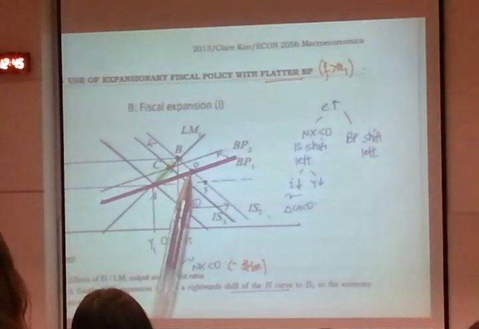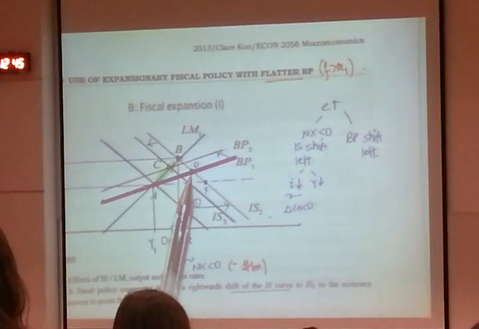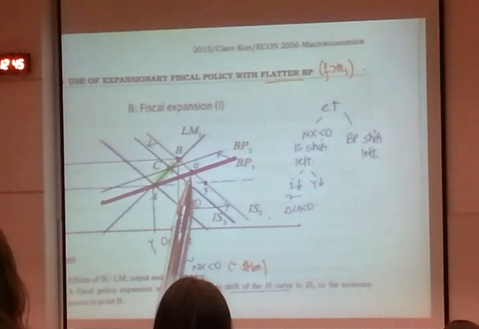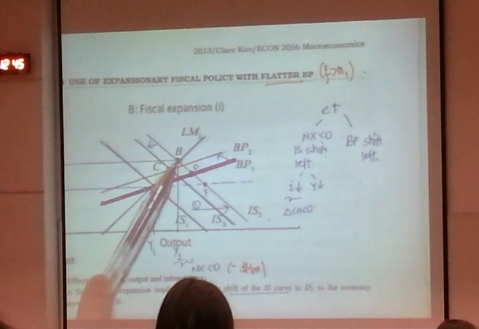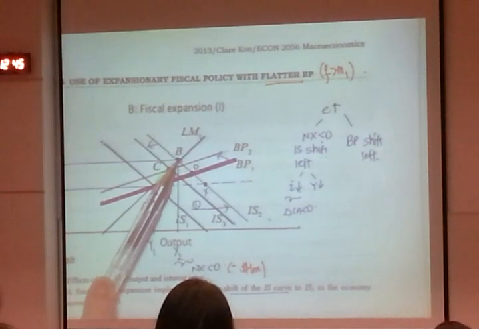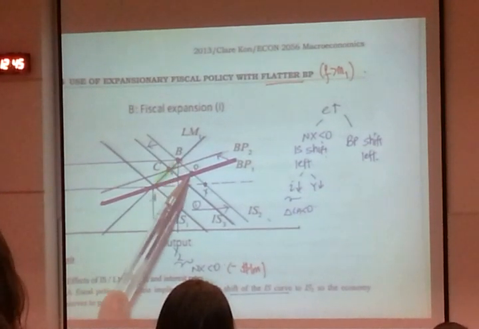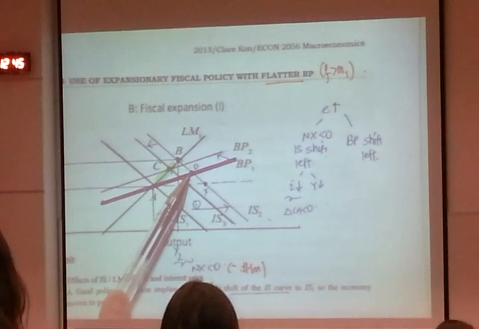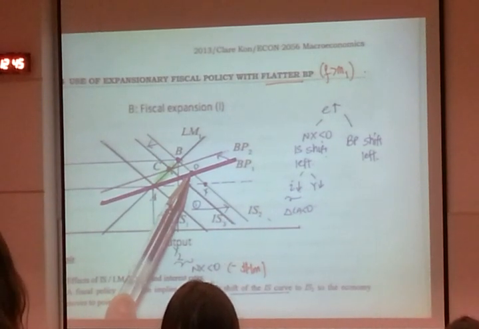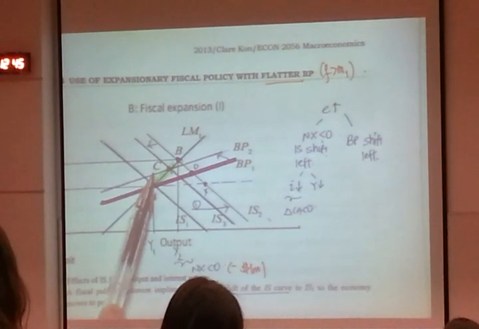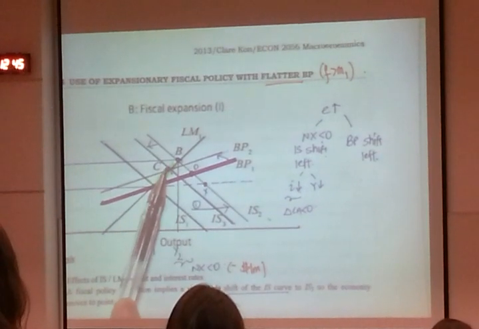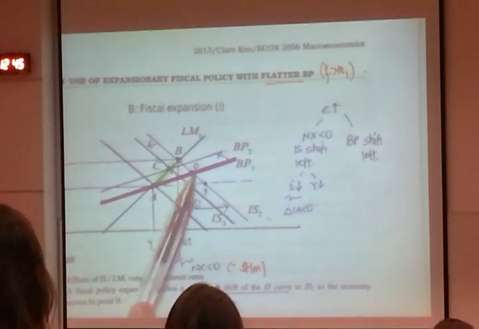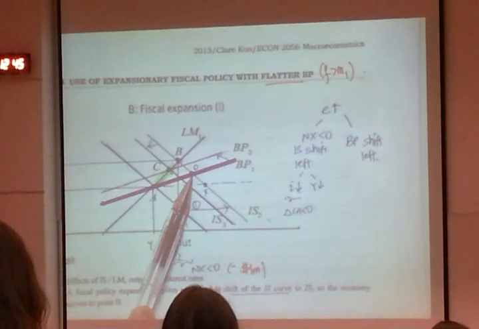So mark a point B if you are confident. Fixed exchange rate, you don't use BP. You are at point B, currency is in surplus, LM will shift down, and you will reach point D. So flexible exchange rate, you are at point C. Fixed exchange rate, you are at point D.